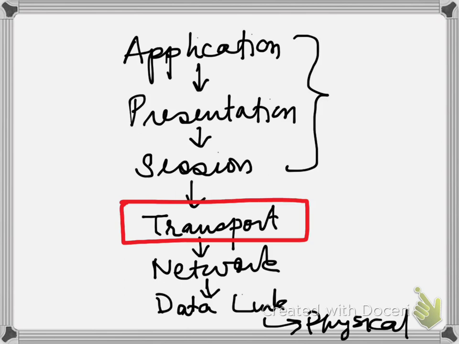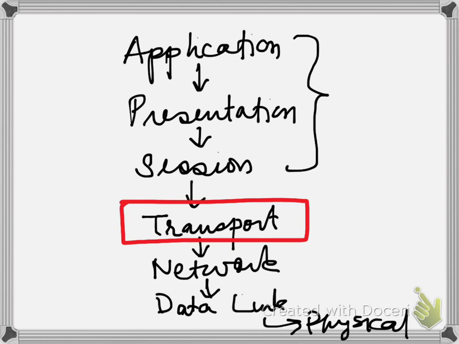The transport layer will provide services to the applications, to the various networking applications. And what are these applications? These applications can be email applications, file transfer. You want to transfer a file, you want to browse the internet. Those are different applications.